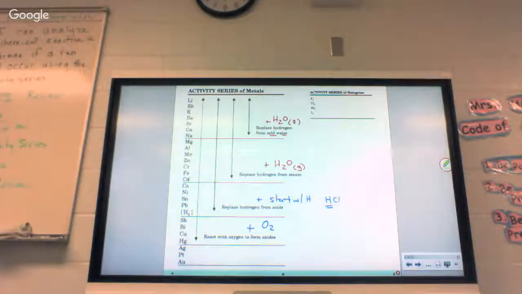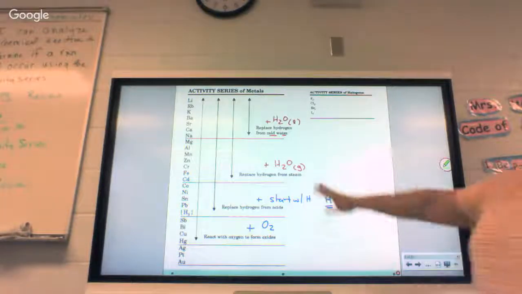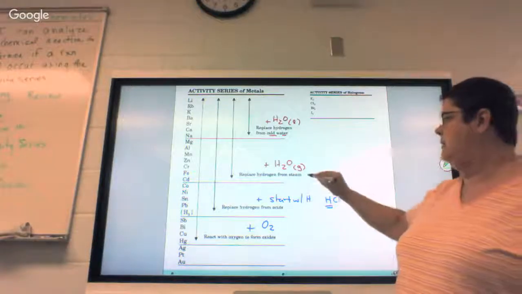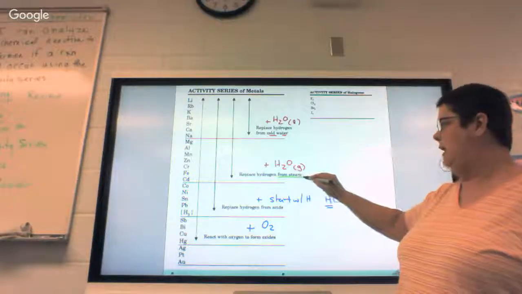But right now, since you probably don't, on your blue reference sheet, you may write where it says replace hydrogen with cold water, H2O with the symbol L behind it. You may write that because I have to use symbols in these equations to differentiate between replace hydrogen from cold water and replace hydrogen from steam, okay?